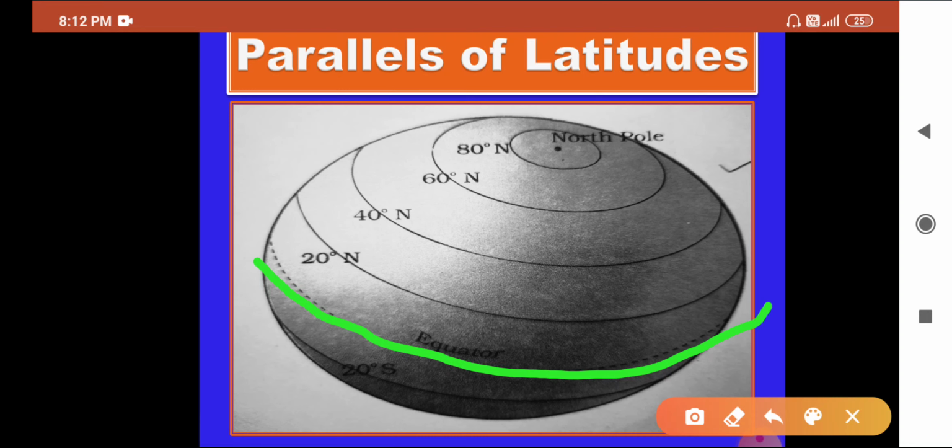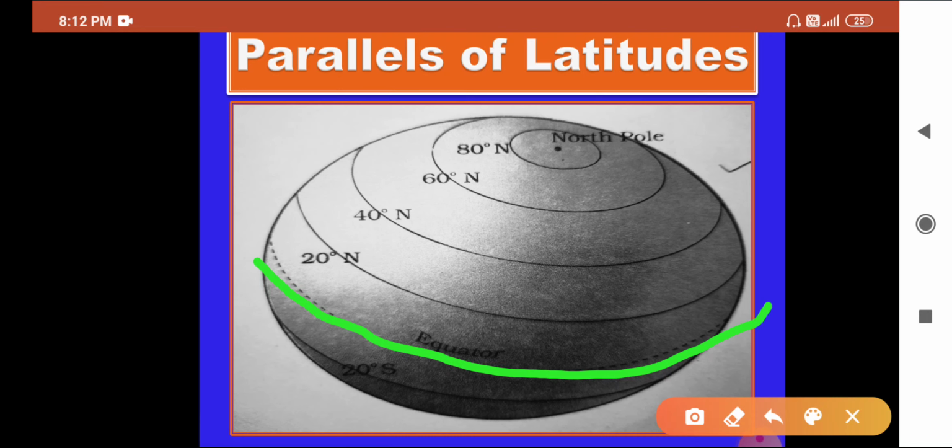To get the exact location, we have imagined this line. We divided our Earth with some imaginary lines. As you can see, some lines are parallel to each other.